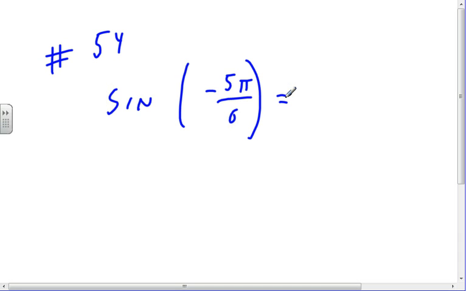I've got it in my calculator. Sine of minus 5 times pi divided by 6. Boom. A half. That would have been my guess. Minus a half.